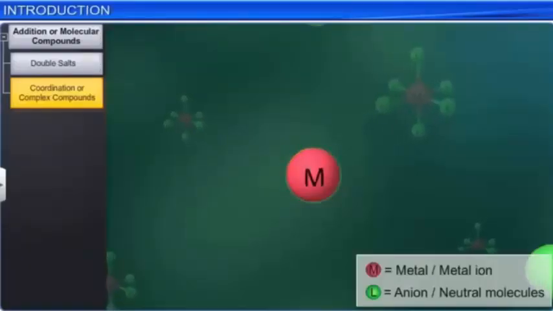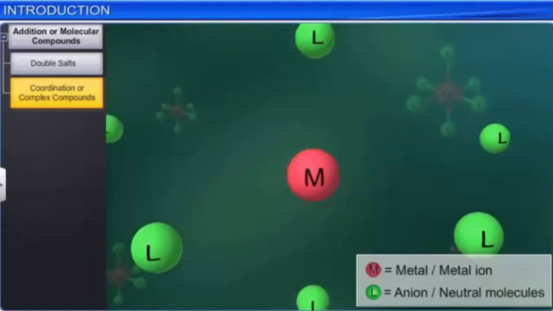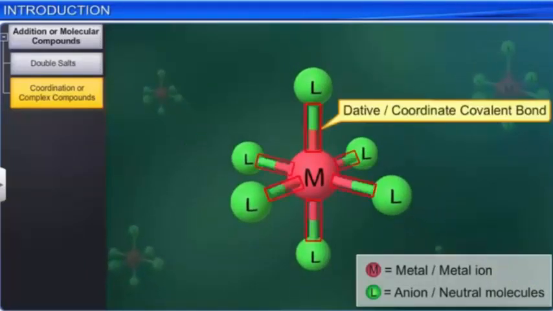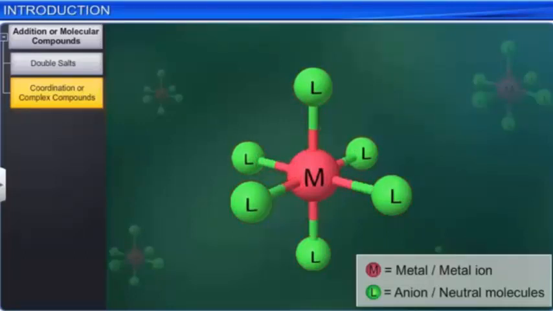The central metal ion in the complex ion forms dative or coordinate covalent bonds with the species surrounding it. Complex ions are also known as coordinate ions, and hence the corresponding compounds as coordinate compounds.